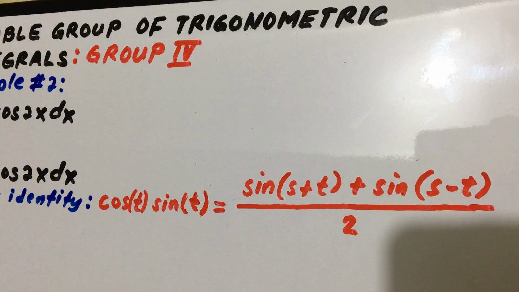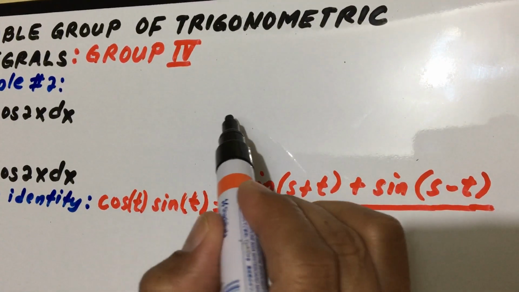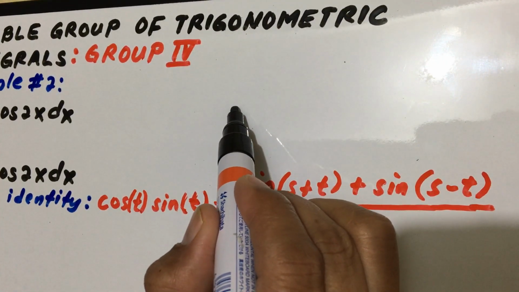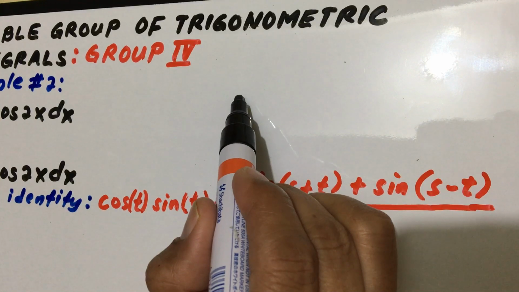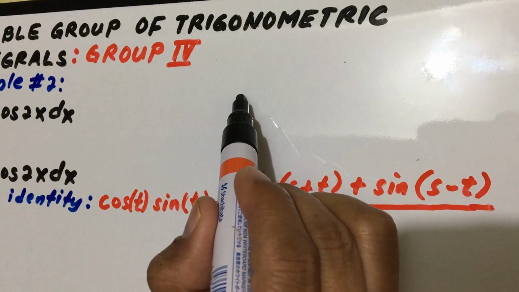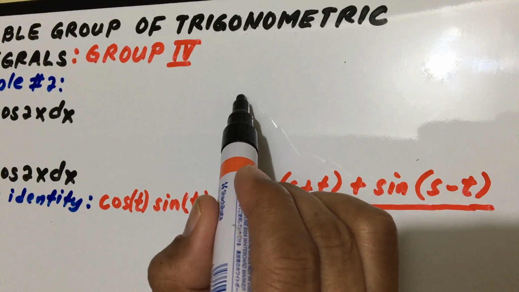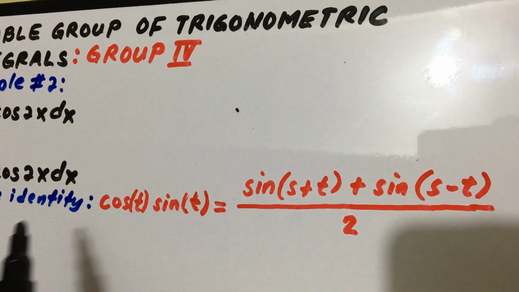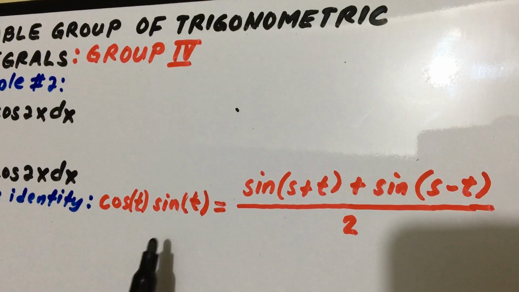Alright, so using that identity, what is our s, or what is our t? We have here sine x.